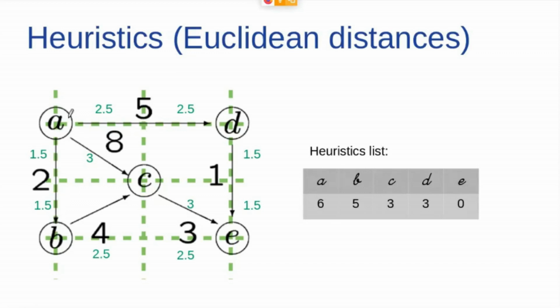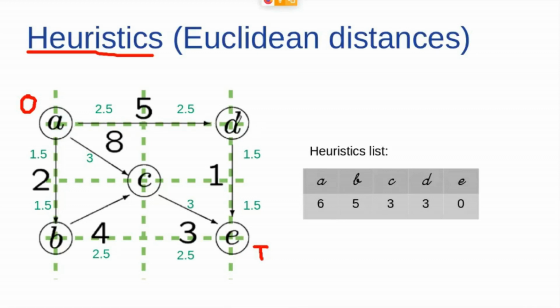Well, as you can see here, we have A, and let's consider that E is the target. So E will be the target, so the ending node, and A will be the origin, right? So the heuristics is like a consideration on how far are you from the target node. You will see.